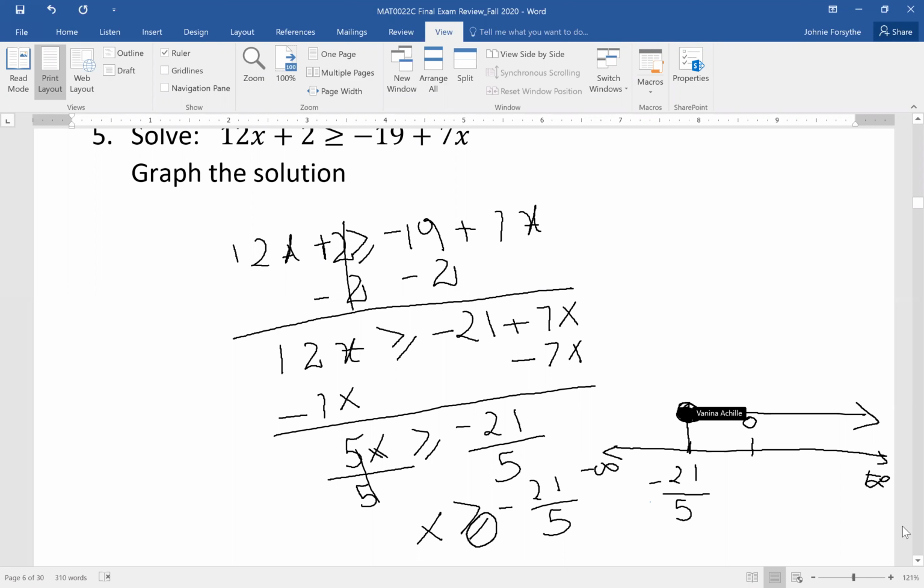And I think I'm going to go ahead and also write it in interval notation. So since it's included, I'm going to have negative 21 over 5 going to infinity. Included, brackets; infinity is never included, so always parentheses.